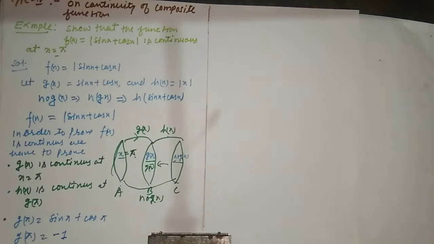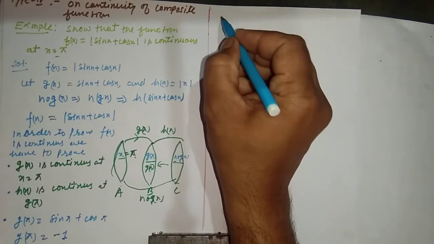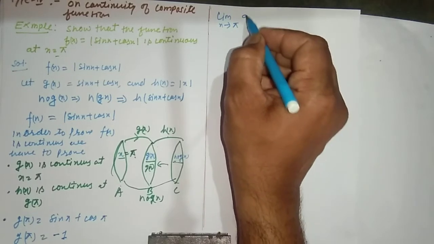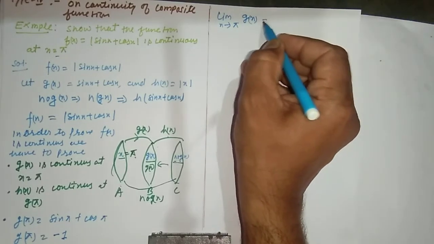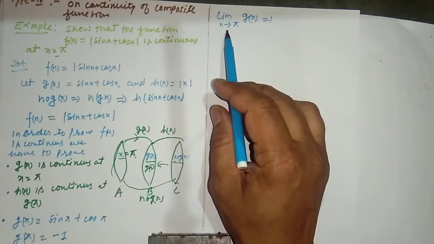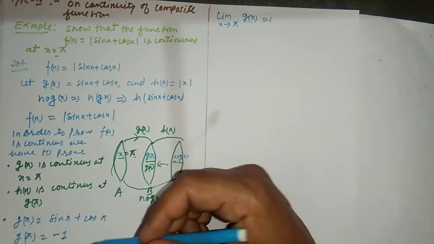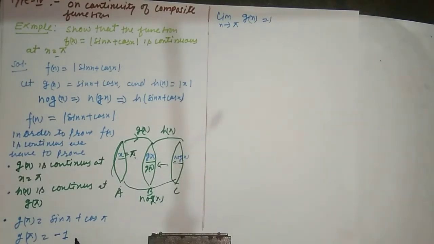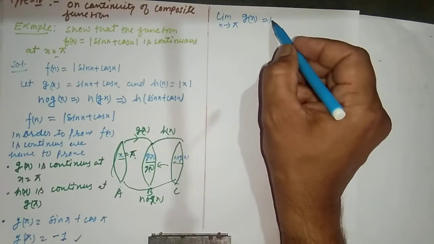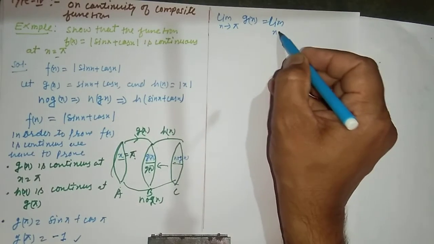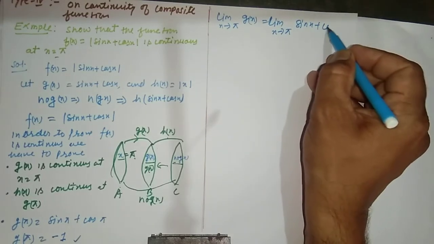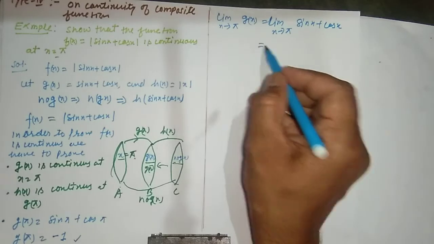Now we have to find out limit x tends to π of g(x). If the limit of g(x) as x tends to π becomes equal to the value of the function, this is the value of the function. Clear? So we can write it as limit x tends to π of sin x plus cos x. Okay.